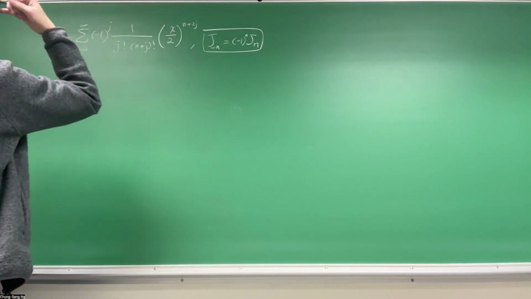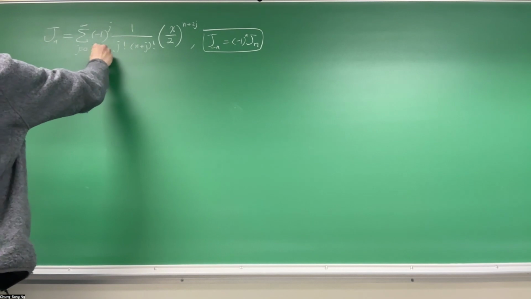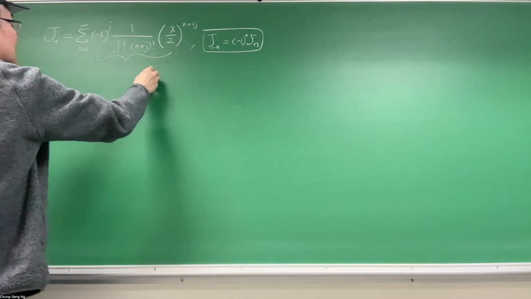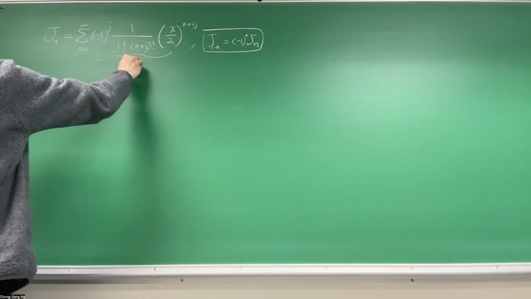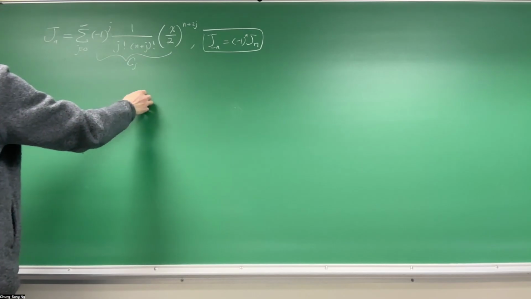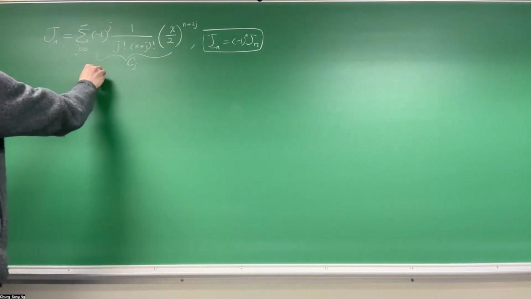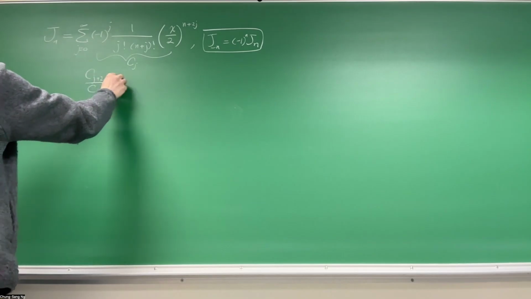take the ratio. If this is the term, what is it? So this is c sub j, right? And take the ratio test, c sub j plus 2 over c sub j.